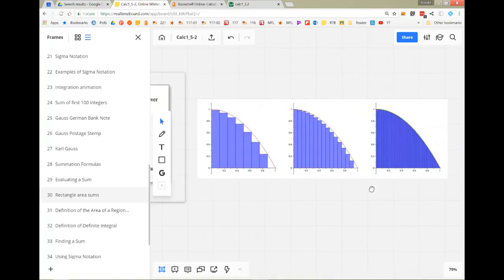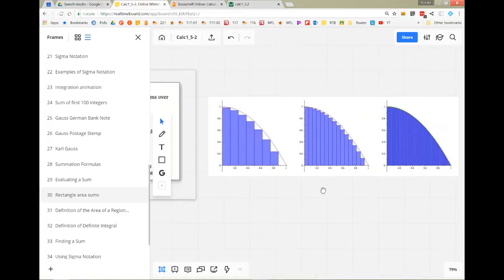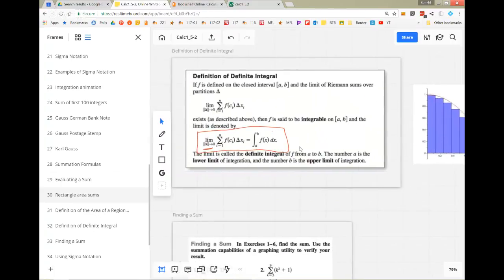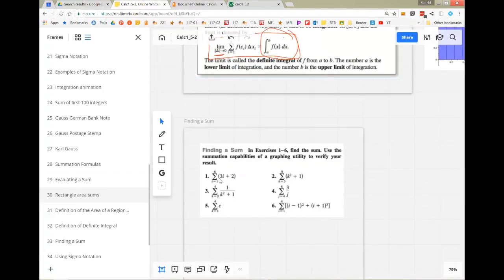Delta x, that width, is getting smaller and smaller. And guess what you get? The final answer is, voila, the integral is the exact value of all of those. And so the integral really does give you the area under a curve. That's what this ends up at. So let's practice some sums.